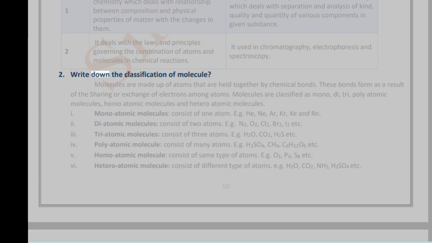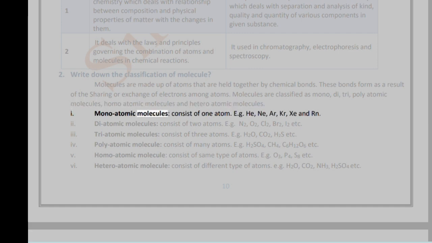2. Write down the classification of molecules. Molecules are made up of atoms that are held together by chemical bonds. These bonds form as a result of the sharing or exchange of electrons among atoms. Molecules are classified as mono, di, tri, polyatomic molecules, homoatomic molecules and heteroatomic molecules. 1.